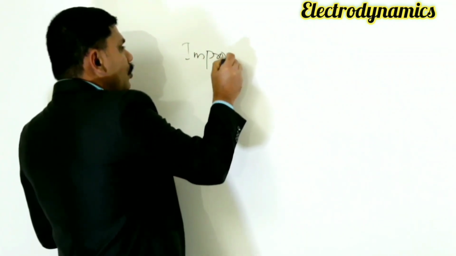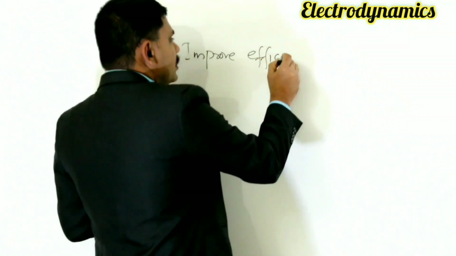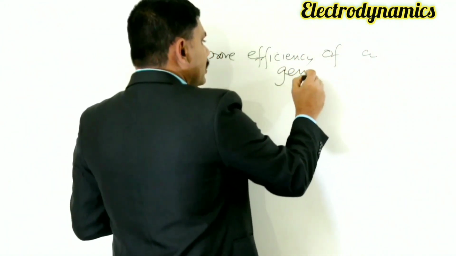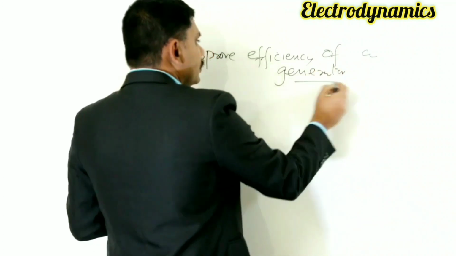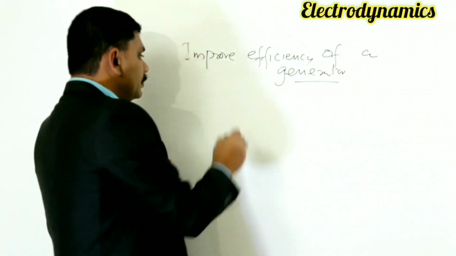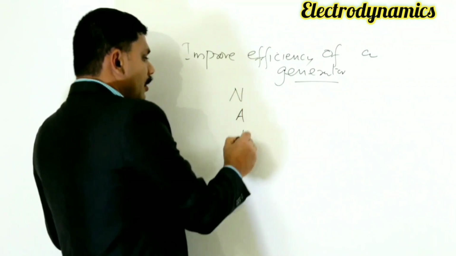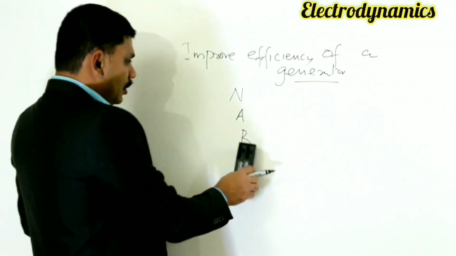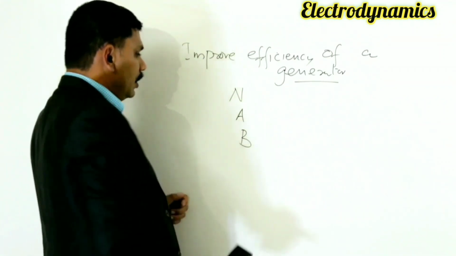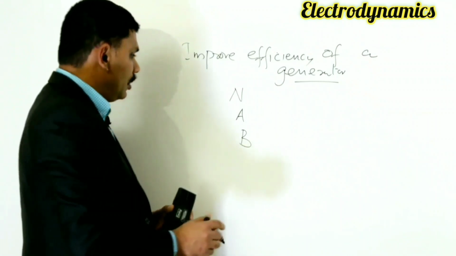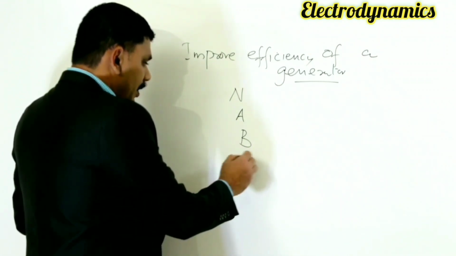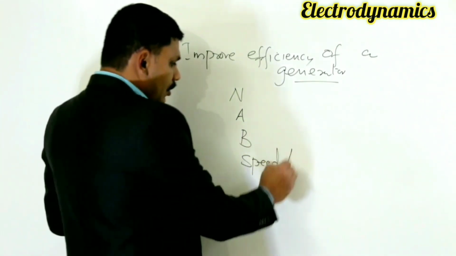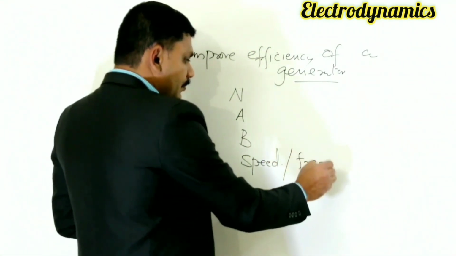You just remember like this: N, A, B, or speed. Instead of speed you can say frequency.